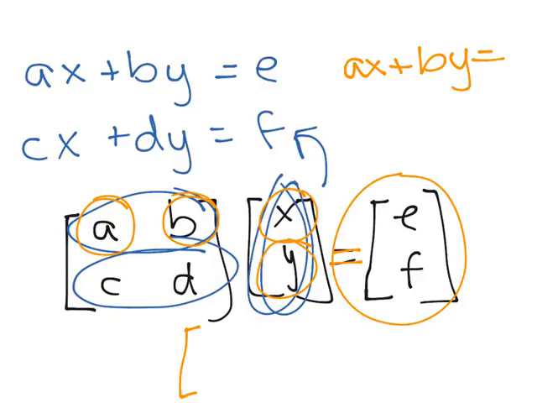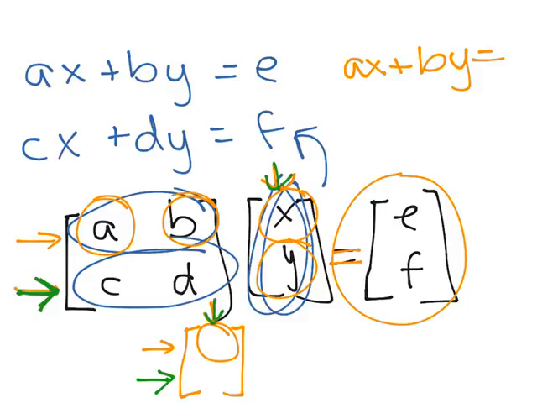So we know that the product of this matrix should be equal to this one, and so whatever we get when we multiply the first row times the first column would be found in our first row, first column, and whatever we find to be the result of the second row times the first column should be found in the second row, first column.